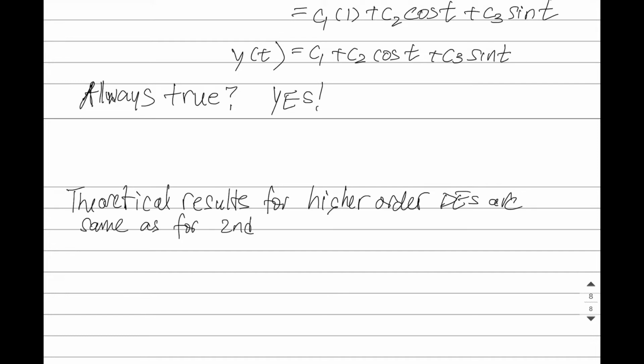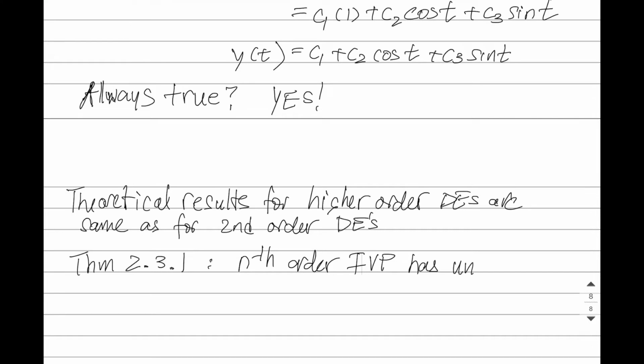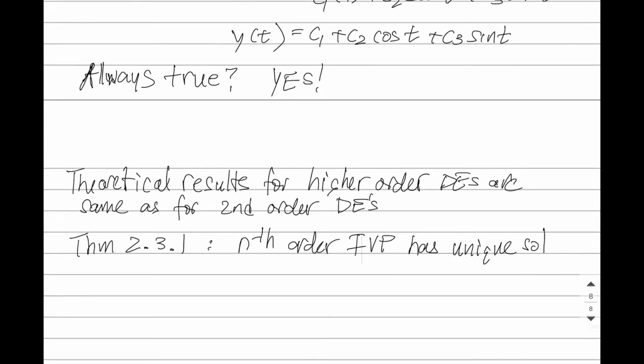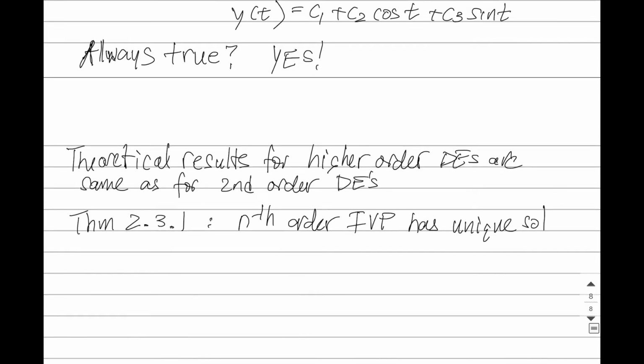Now on the attached sheet, I've written this out more precisely, but there's theorem 2.3.1: an nth order IVP has a unique solution. So if you start with an nth order differential equation and you give it the right number and type of initial conditions, it will always have a single solution.